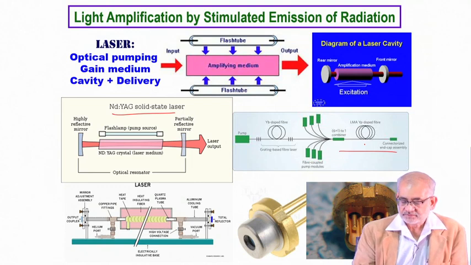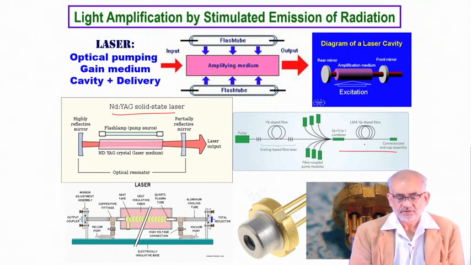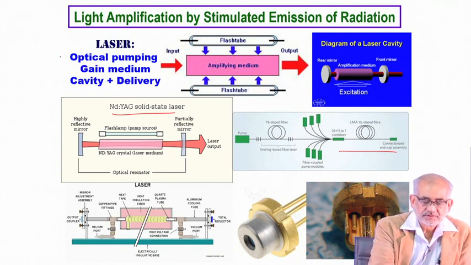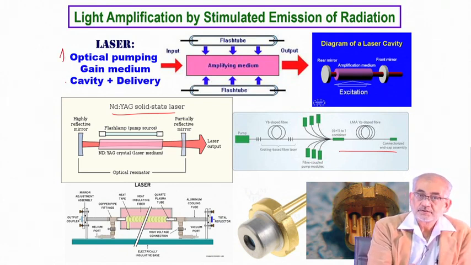In all these cases there are three things which are important. One is the optical or some way of pumping, exciting the species to higher energy state. You need a gain medium and you need a cavity for delivery.